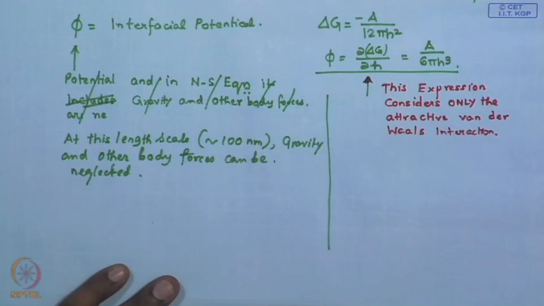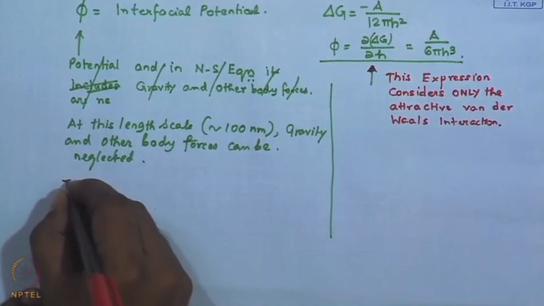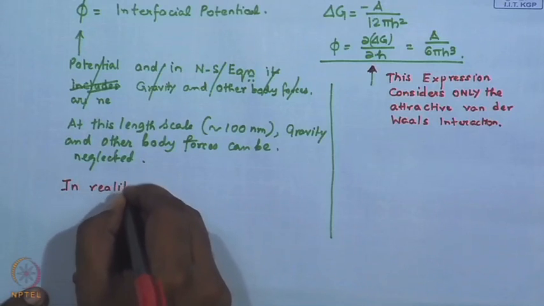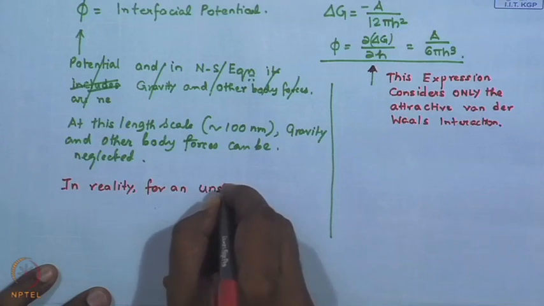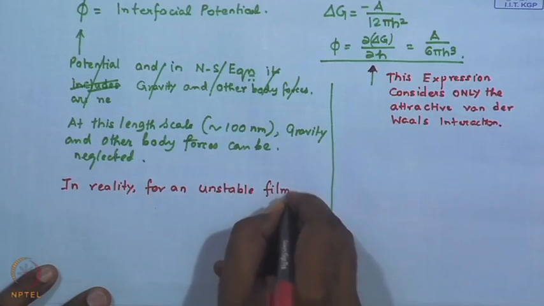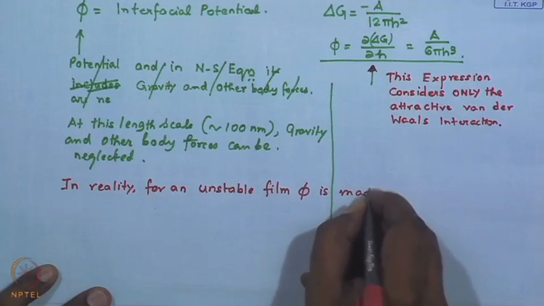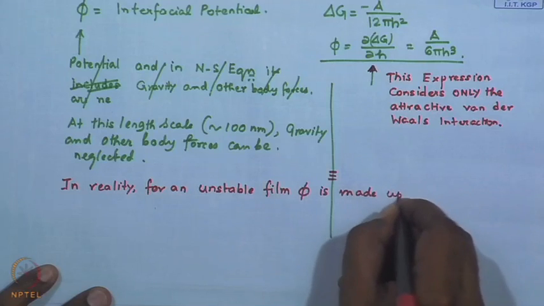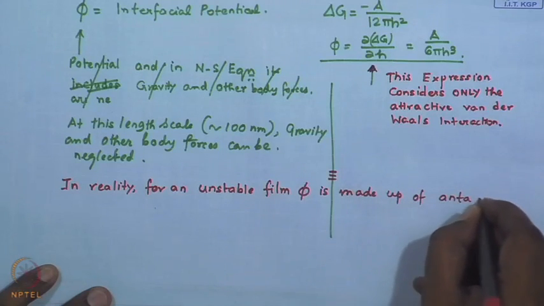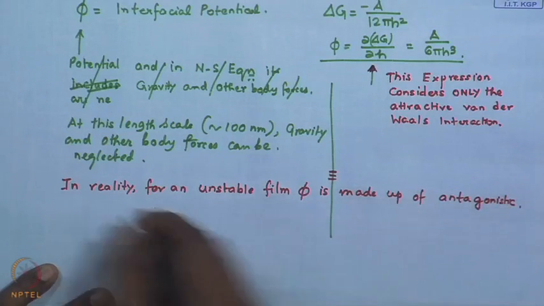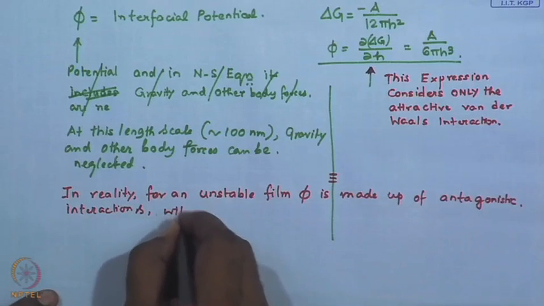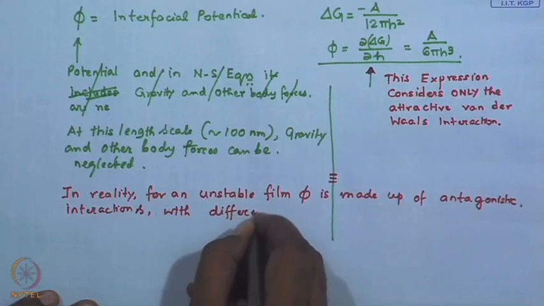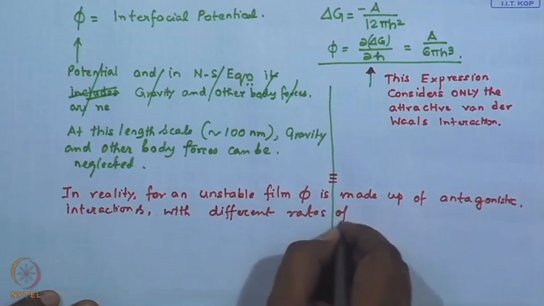Okay. But in reality, for an unstable film, phi is made up of antagonistic interactions with different rates of decay.